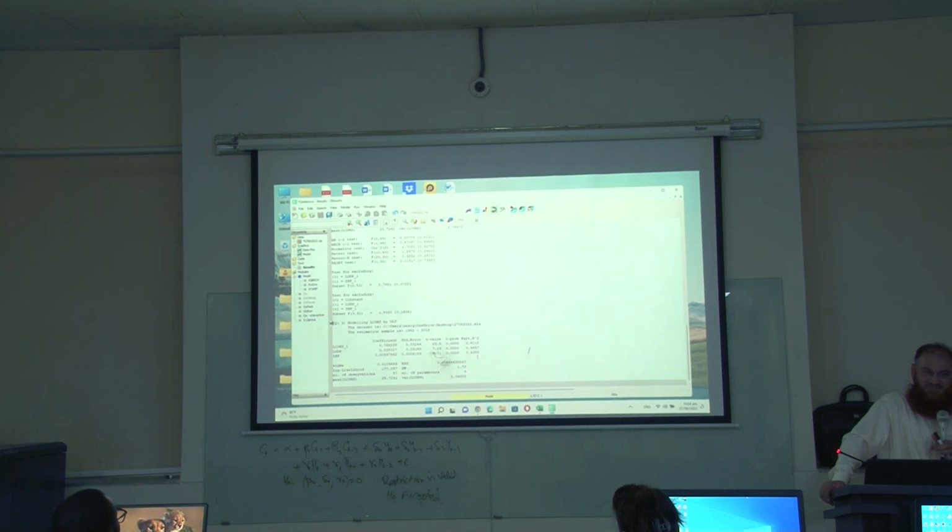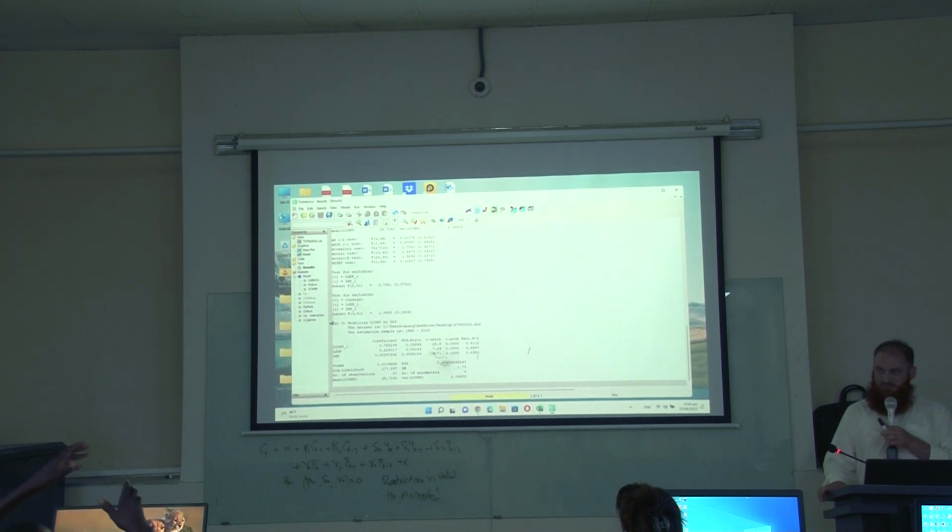Where did it go? When you don't have constant in your regression, the R square will not be calculated. I will explain this in detail.